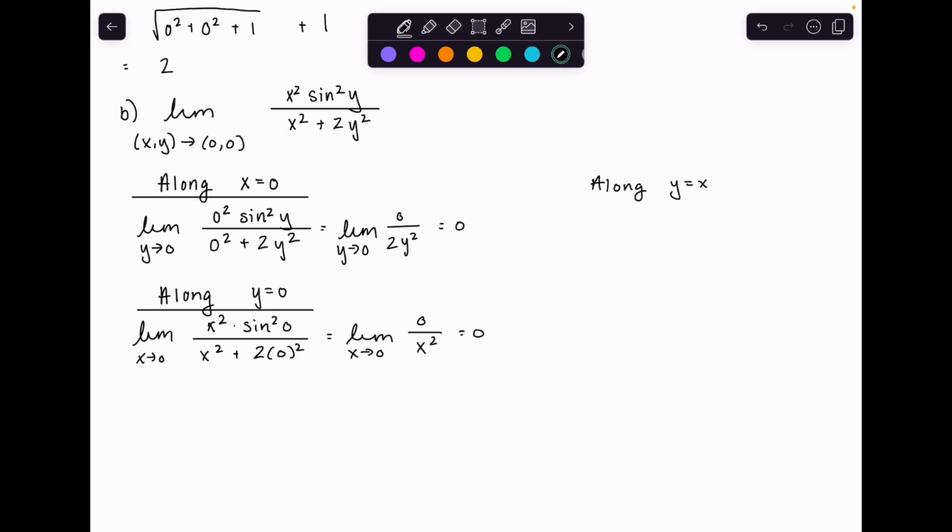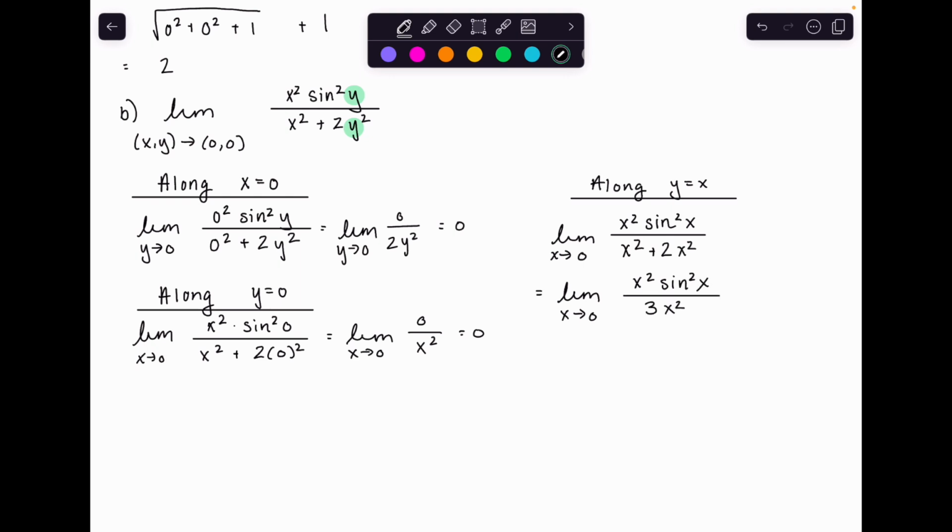So same result. Let's try one more nice path. Let's go along y equals x. So anywhere I see a y, I'm going to replace it by an x. And then we'll let x go to 0. So these two just become x's. So that's x squared sine squared of x over x squared plus 2x squared. Well, I can add together that denominator. So this gives us x squared sine squared of x over 3x squared. And then we have x squared over x squared.